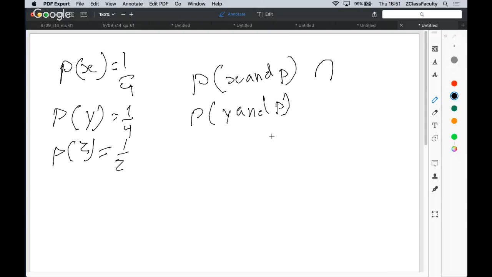Then it would be the probability of x, which is 1 over 4, times P, which is 4 over 9, which is equal to 1 over 9. Then you do this one and add them together. So next one. Given that Noor chooses a climbing frame, find the probability that she chooses that.